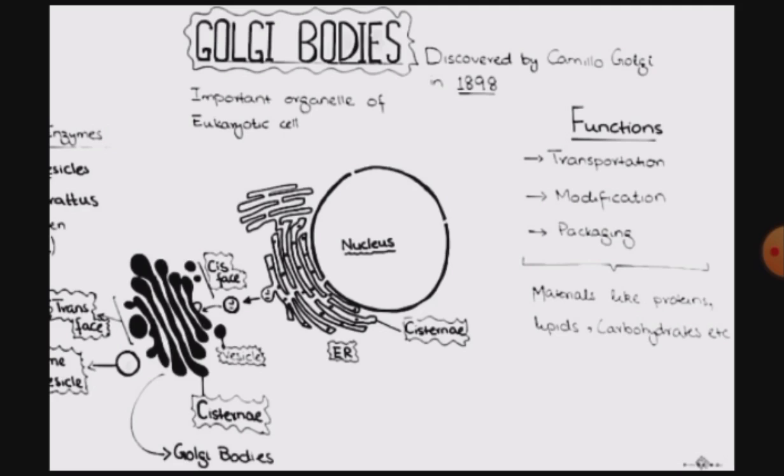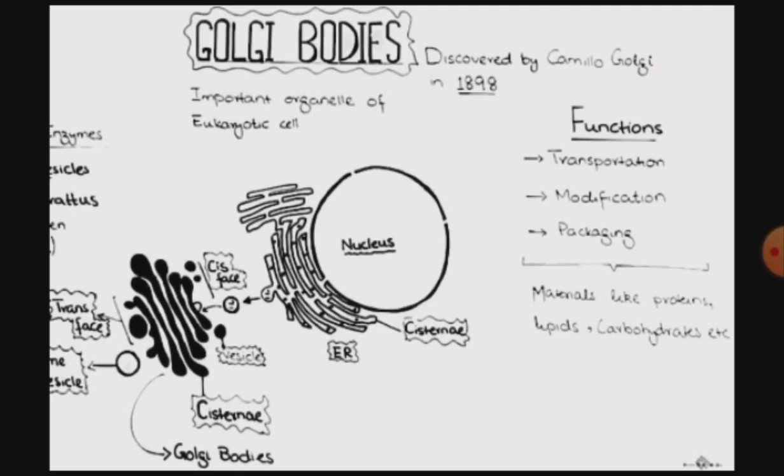Ribosomes just make the protein, but that protein is not in usable form. So to make it usable and for further refining, the protein made by the ribosome is transferred from the surface to the luminal space inside the endoplasmic reticulum, and this processing is called N-linked glycosylation.